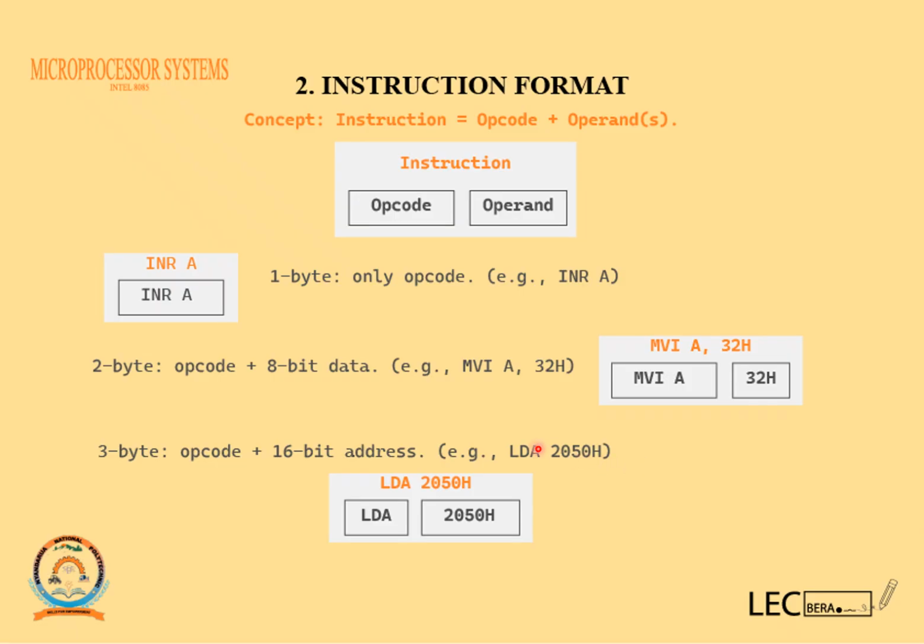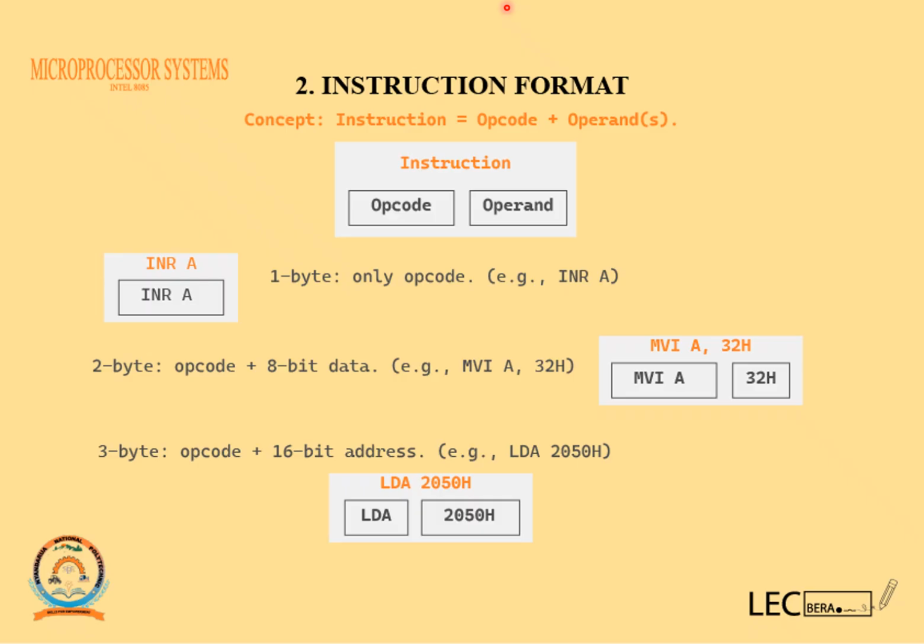The higher byte is 8-bit and the lower byte is 8-bit, which forms a 16-bit address. Then we have our opcode, LDA, which is 8-bit, which makes this instruction 3 bytes, or 24-bit, in length. So those are the instruction formats.